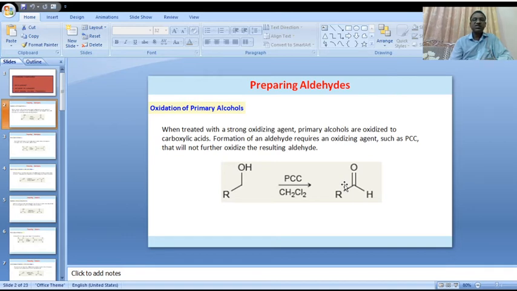Primary alcohols on oxidation in the presence of the required suitable oxidizing agent, that is PCC, produce aldehydes only. It does not further oxidize to carboxylic acids.